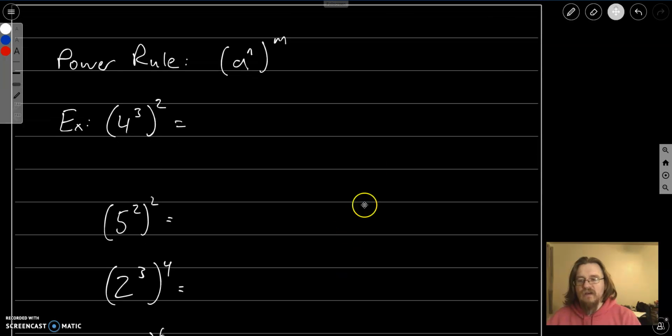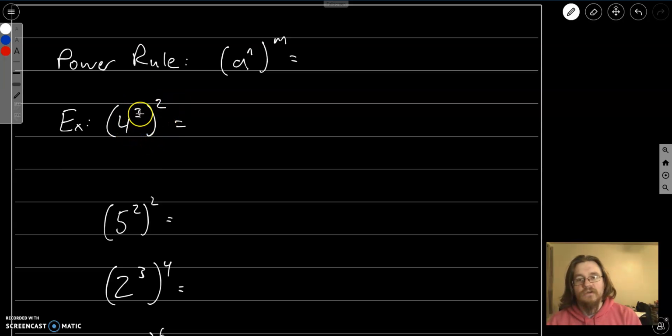There's a rather nice situation when we have multiple exponents on the same number. So here I have a to the nth power, and I'm taking all of this to the mth power. Before I give you the formula for what this equals, again, I want to show you this in terms of a number.